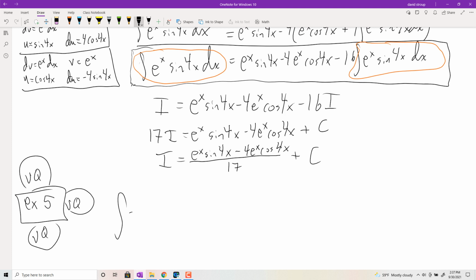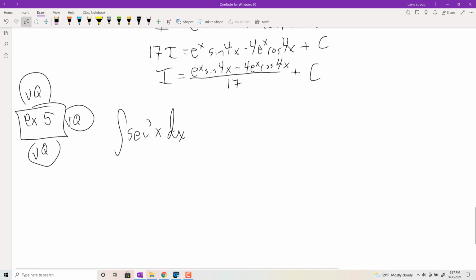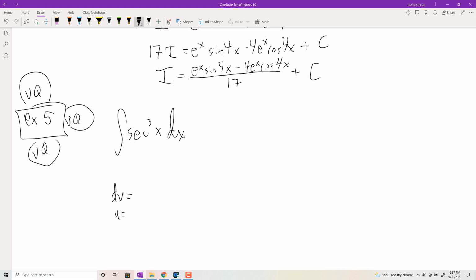This is not an integral we can do off the top of our heads, but we can use integration by parts in sort of a clever way. So the cleverness of it is you're going to let u equal secant x, and then dv equals secant squared x dx, because you can integrate secant squared, right?